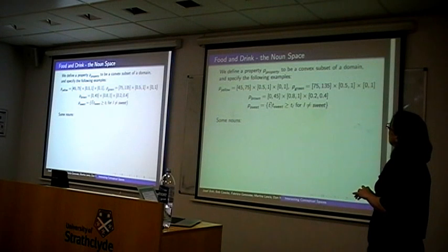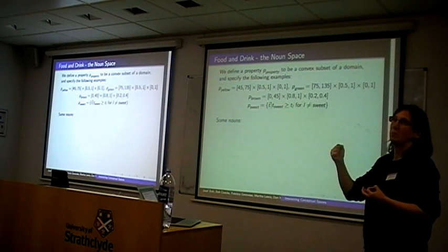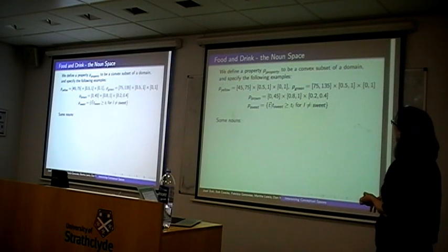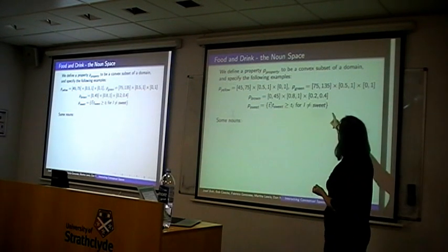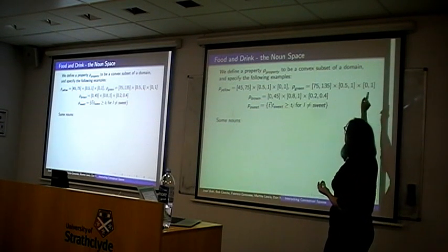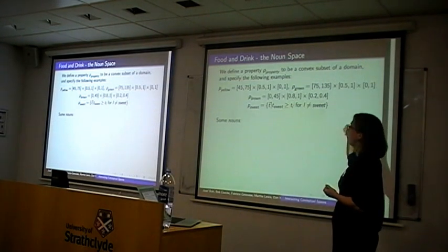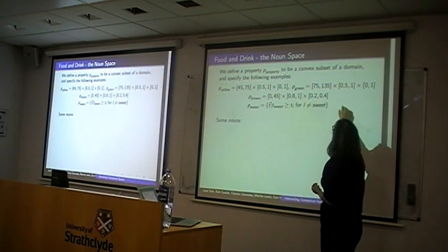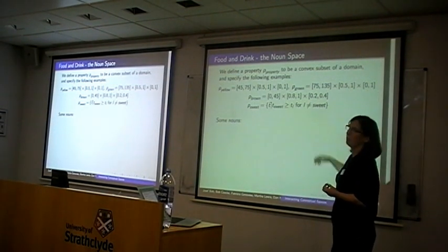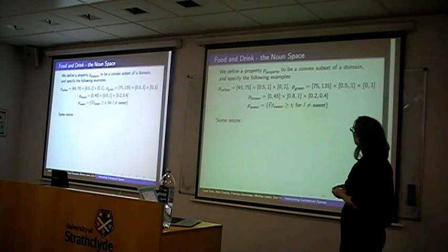So a property, P sub yellow, is just a convex subset of just a domain, not the entire noun space. And so we've got the following examples. So these are specified in hues, saturation, value. So it's this cone we're talking about. And these pick out specific areas of that colour code that correspond to those colours.